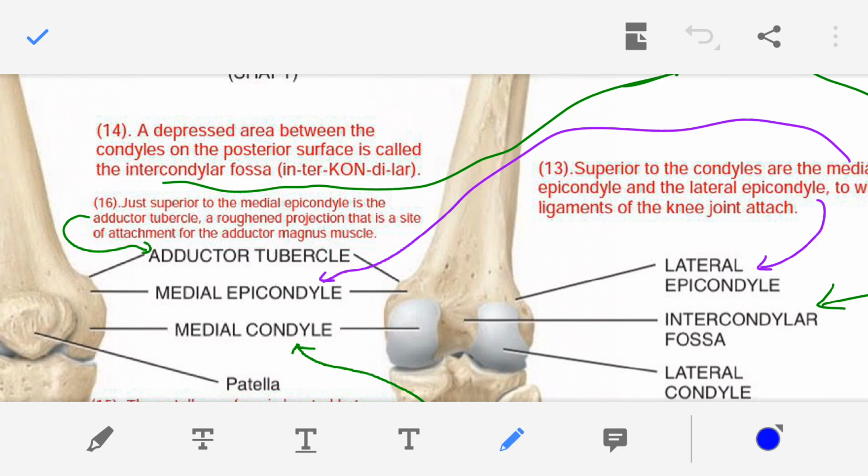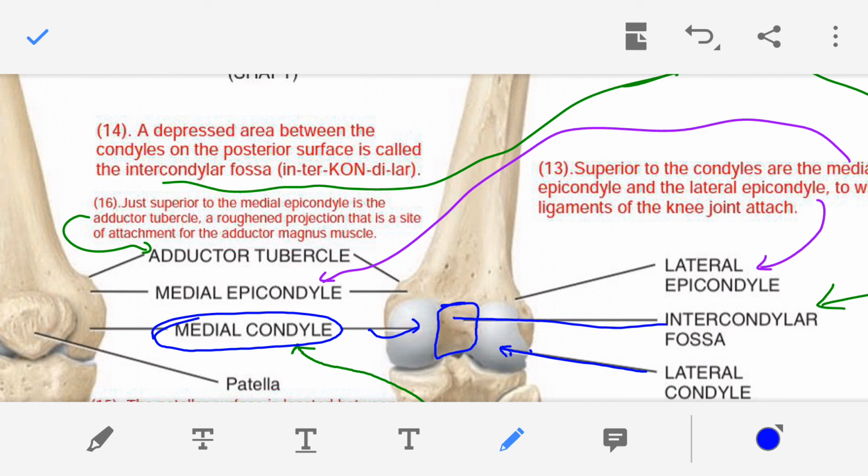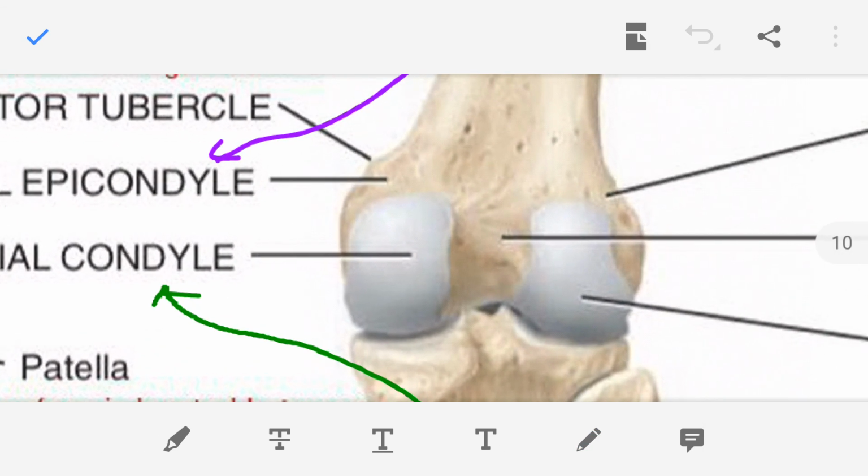Now see, this one is the medial condyle, this one is the lateral condyle. In between these two condyles, as you can see, there is a depression, and this depression is known as intercondylar fossa. So here intercondylar fossa is shown.